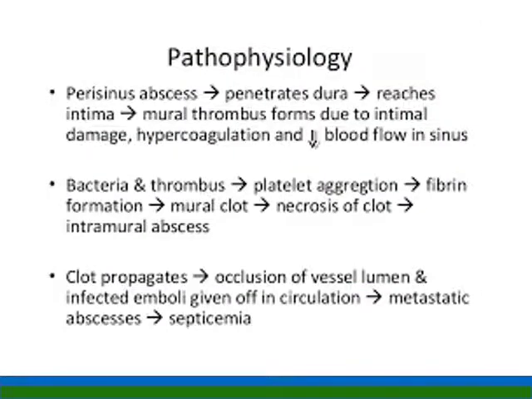How does lateral sinus thrombophlebitis occur? Okay, what is the pathophysiology? This is very important. Okay, the first important point is formation of a perisinus abscess. It means the abscess is related to the outer dural wall of the sinus.